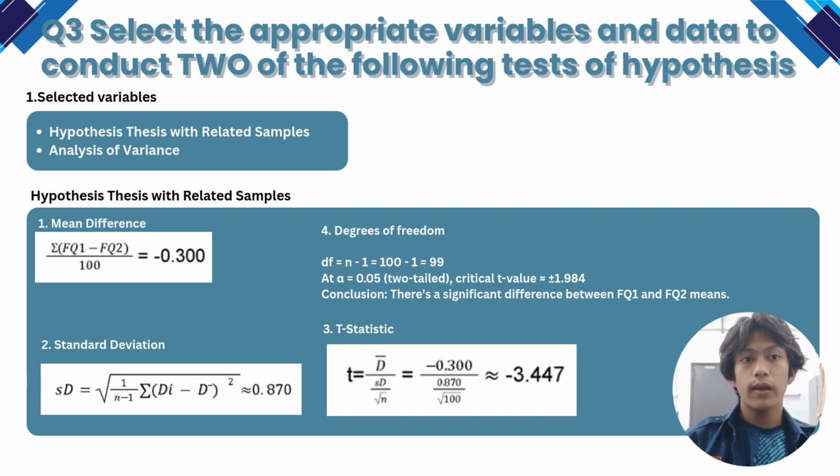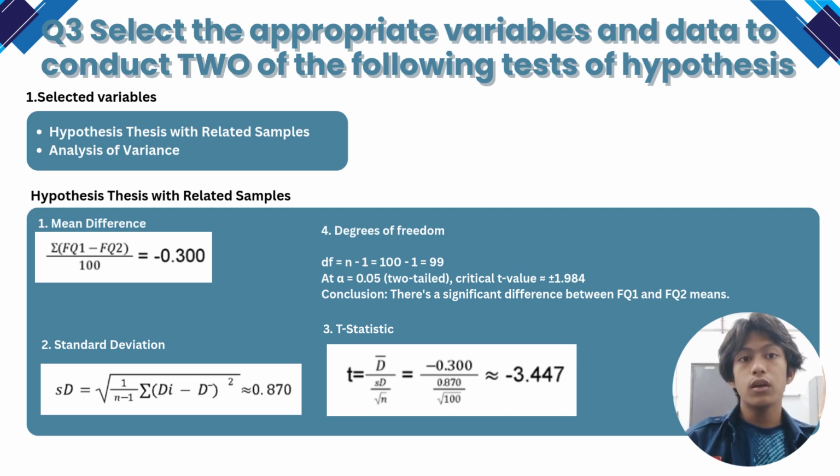To determine whether this difference was meaningful or just due to random variation, we calculated the standard deviation of the difference, which was 0.870. This standard deviation helped us understand the spread of the data around the mean difference.